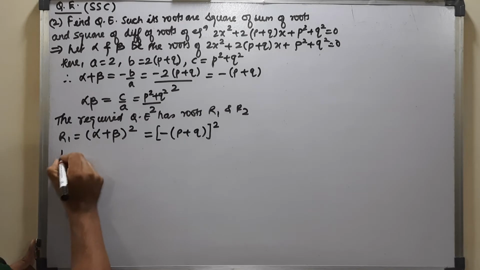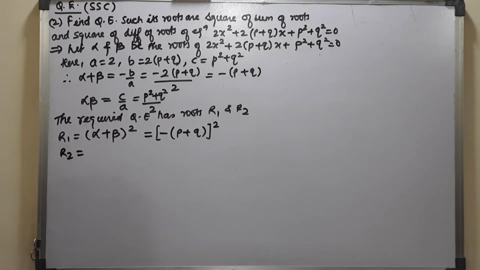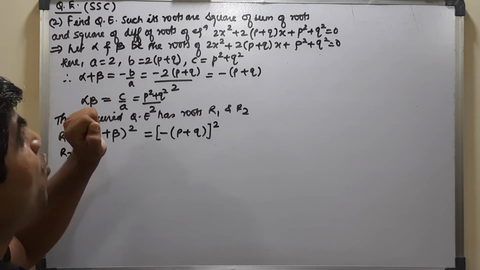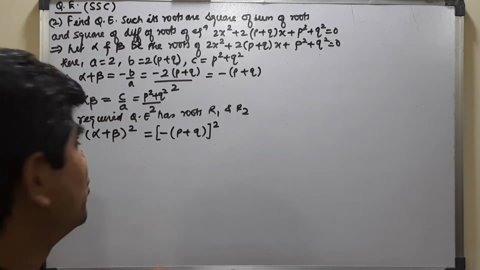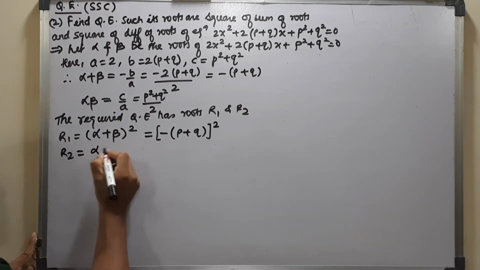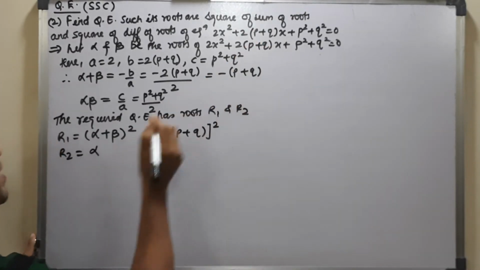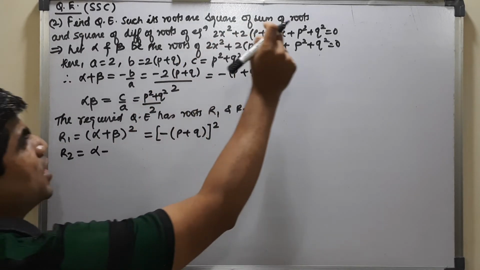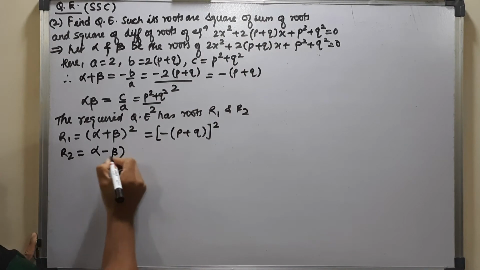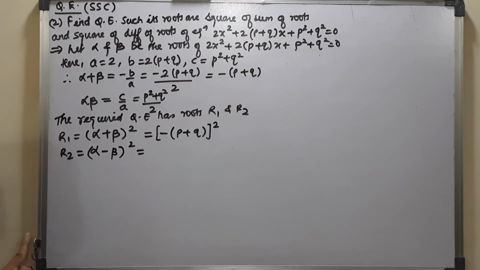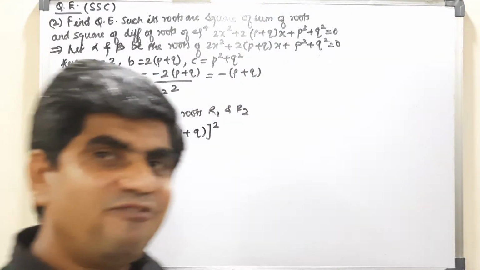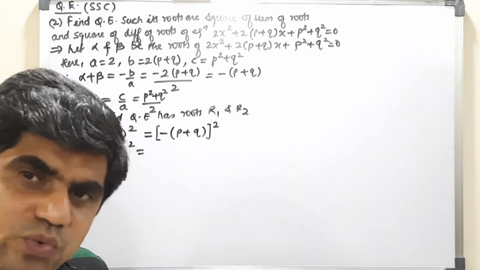And what is R2? R2 says that it is the square of what? The difference of roots. That means root number 1 of this equation minus root number 2 of this equation, and the square of it. So do not try to find alpha minus beta the whole square directly.